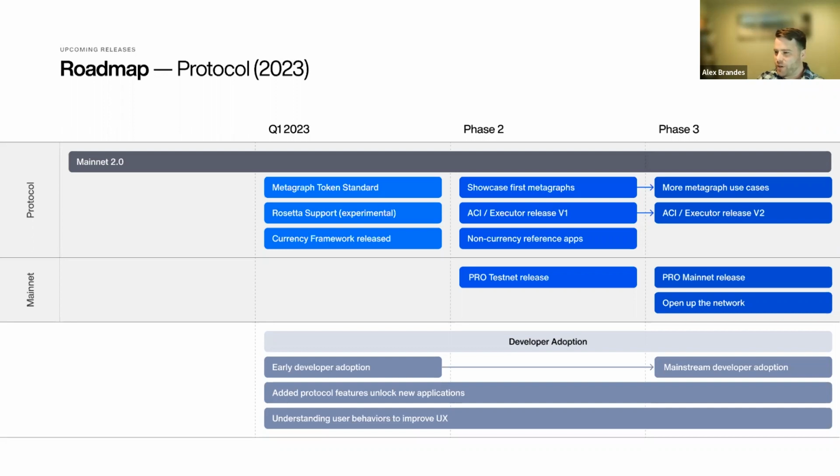I know there's some questions around the Rosetta support and what experimental specifically means. The idea there is that the complete Rosetta implementation isn't done. There's a number of endpoints required as part of that standard that focus on historical transactions and that allow us to run within a validator node.